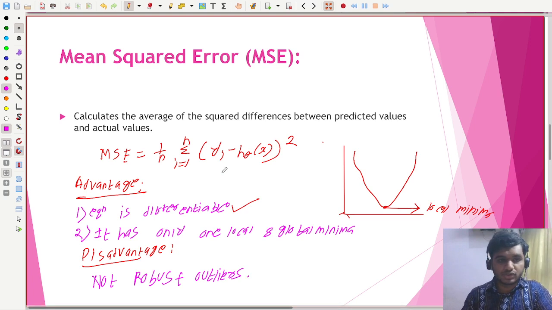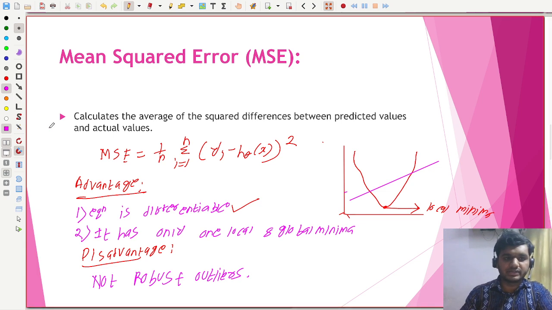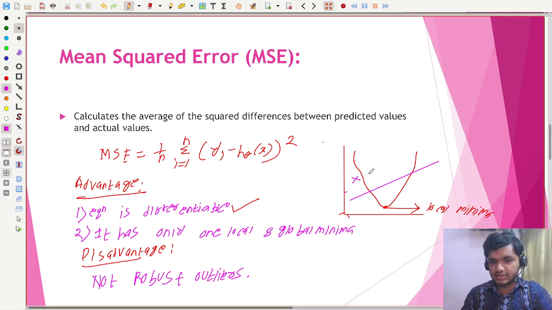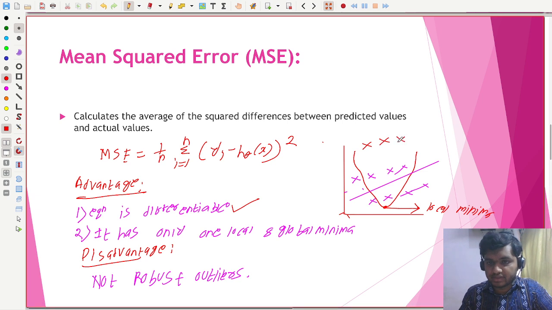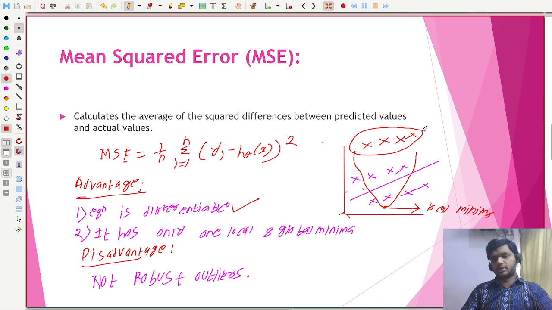Okay, suppose you draw the line like this for some data points. If some outlier is present, suppose one of the outliers is present here. Okay, so it is the disadvantage of mean square error. If you use the mean square error, then it is not robust to outlier.